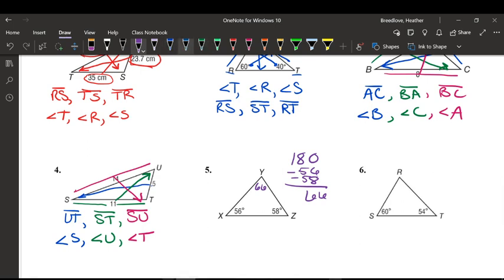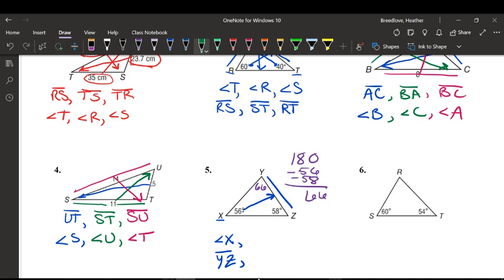The smallest angle is 56 degrees. 56 degrees is angle X, and across from angle X is side YZ. So that's my smallest angle and my smallest side.